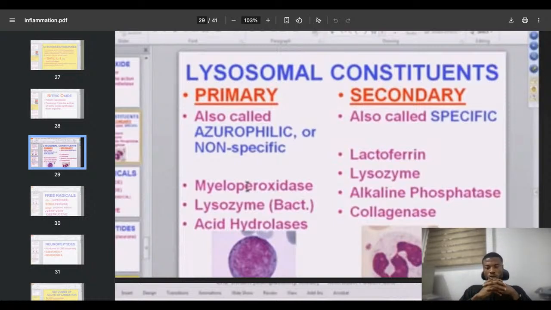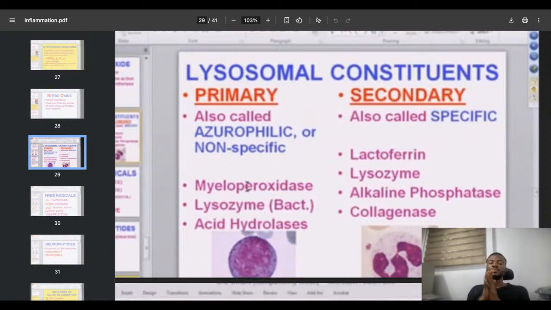Okay, so the constituents of the lysosomes, we have two main types. We have the primary type of lysosomal constituent, and then the secondary type. The primary type are called azurophilic, also called non-specific constituent. They are non-specific.